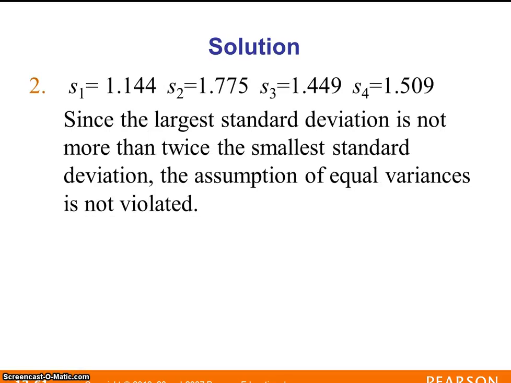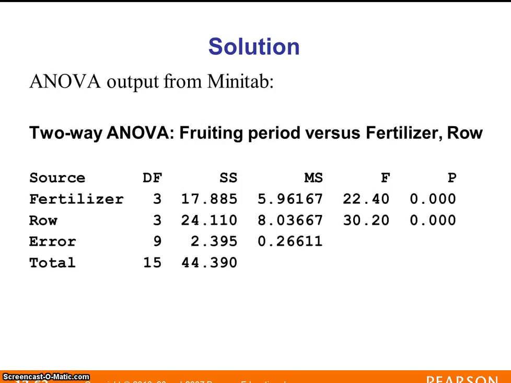But then step 2, we want to compute S sub 1, S sub 2 for each one of these, the standard deviations for each one. Since the largest standard deviation is not more than twice the smallest standard deviation, the assumption of equal variance is not violated. So again, those are our 2 conditions, normality and the conditions for the standard deviations. And we aren't going to do the computations here by hand. We'll just use an output from, for example, Minitab or some other statistical software.